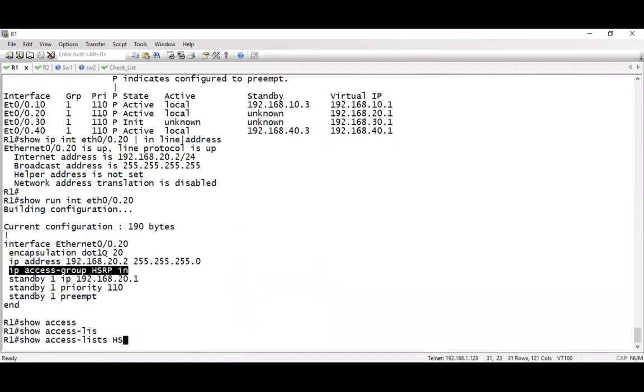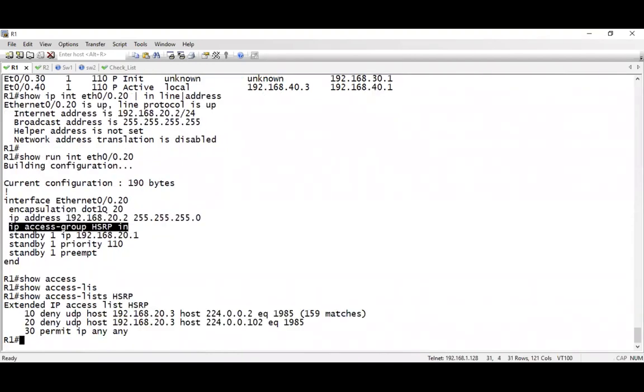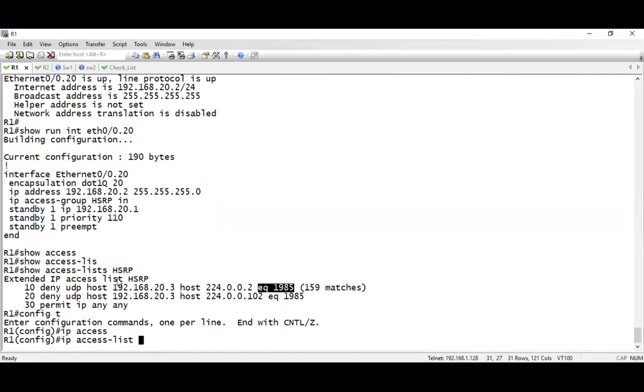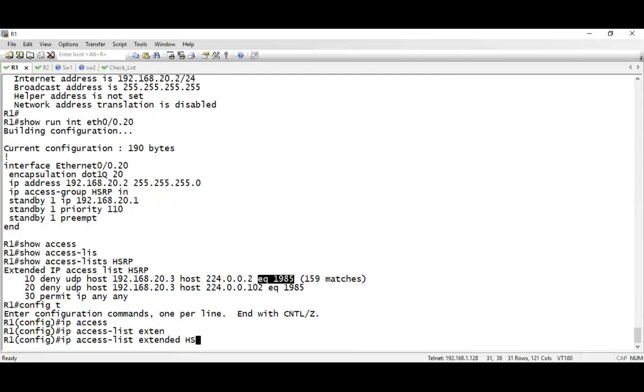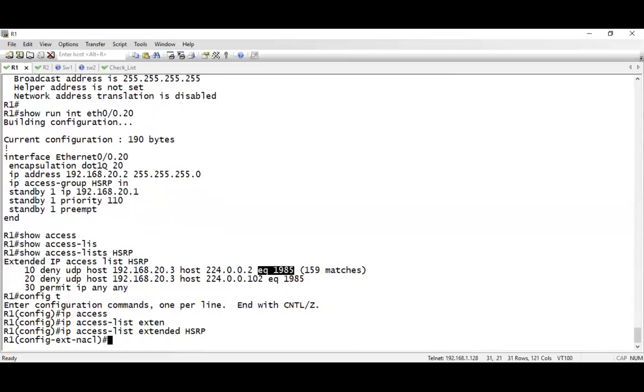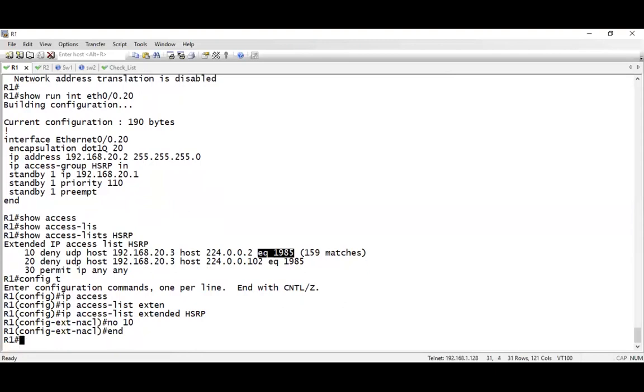In this particular access list, we are blocking UDP port number 1985. Let me correct this using ip access-list extended, your ACL name, and then you can remove sequence number 10.